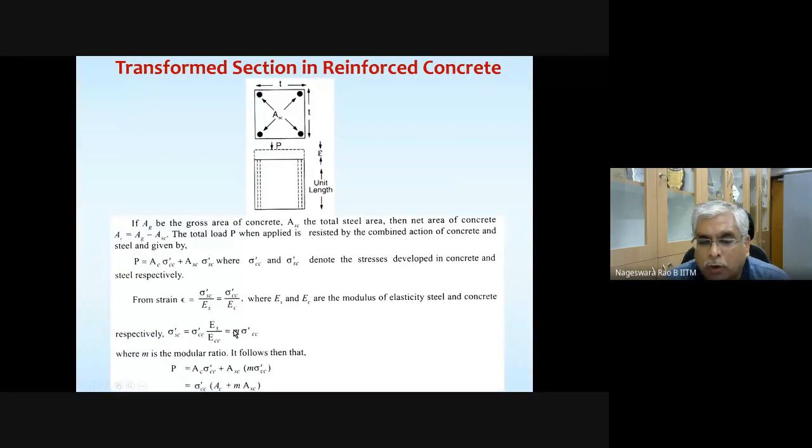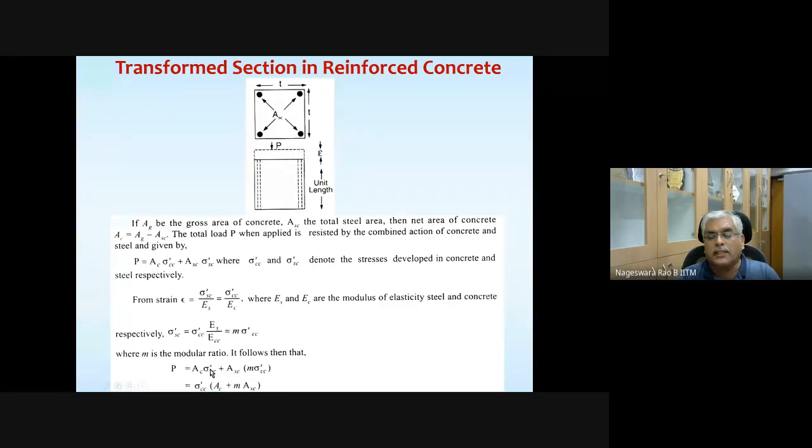So I'm going to substitute. You have this equation, and I'm going to substitute this information in it. P is equal to AC times sigma CC prime plus ASC times sigma SC prime. In that, sigma SC prime, I'm going to replace with M times sigma prime CC. So then you are going to get this equation, and then you can rewrite this in this manner.